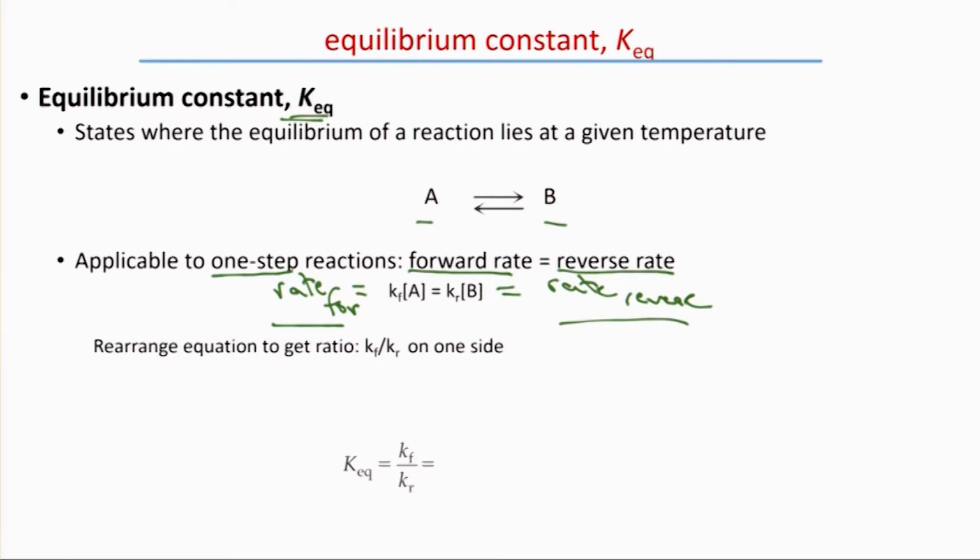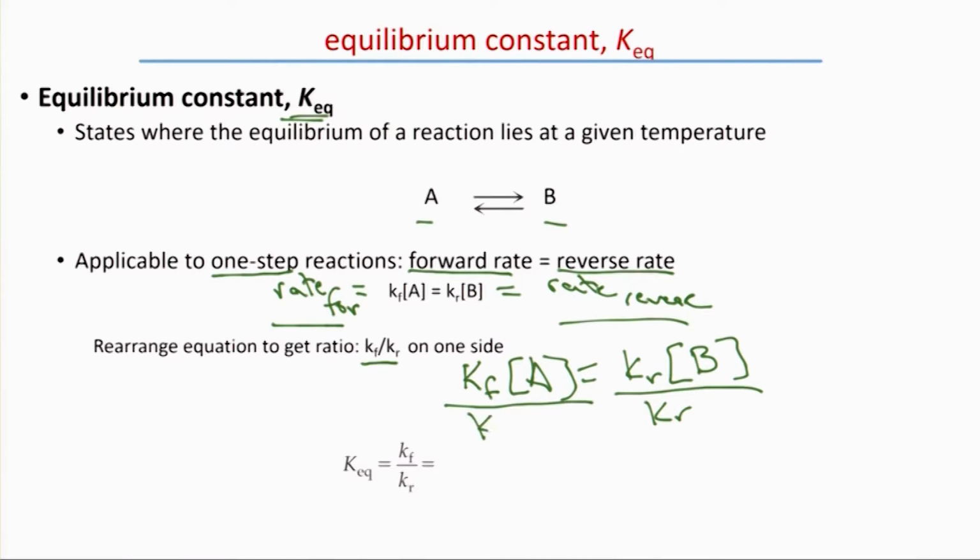We're going to move this equation around a little bit, and I want to get the K's on one side and the A and B's on the other side. So rewriting this, KF times concentration of A equals KR times concentration of B. I'm going to divide both sides by KR and both sides by A. KR cancels out on the right-hand side, and the concentration of A cancels out here.